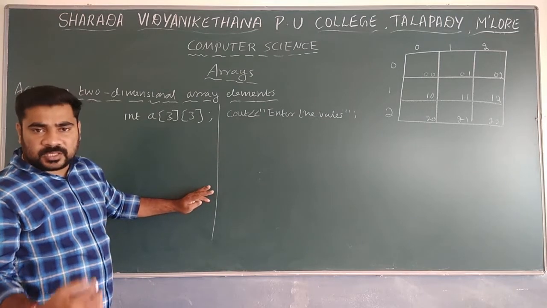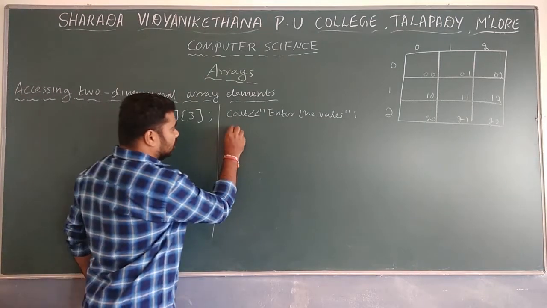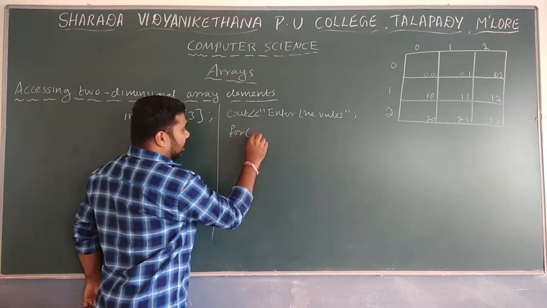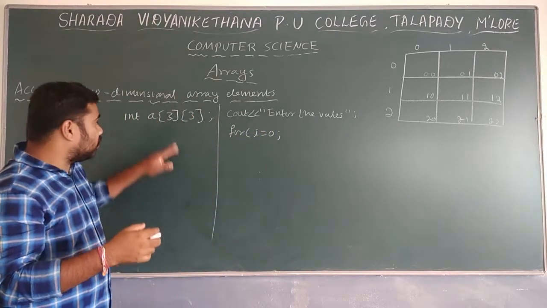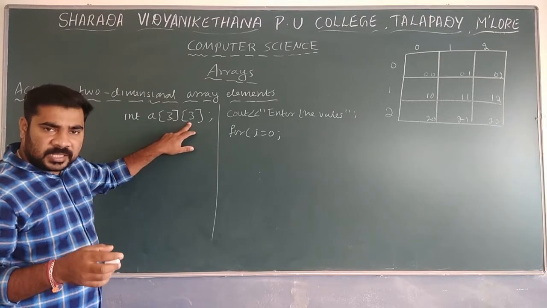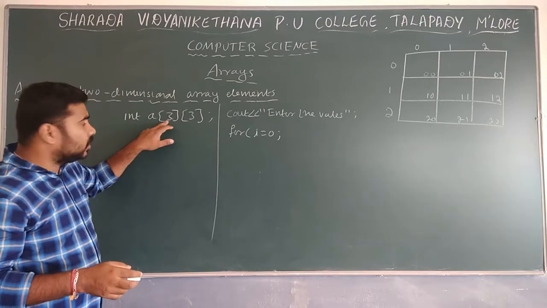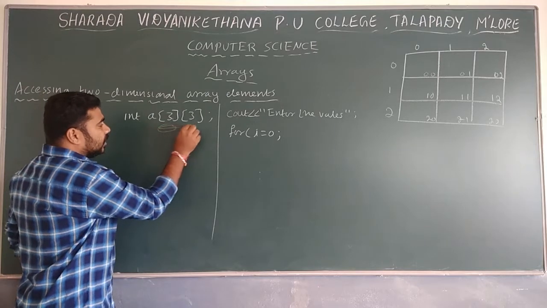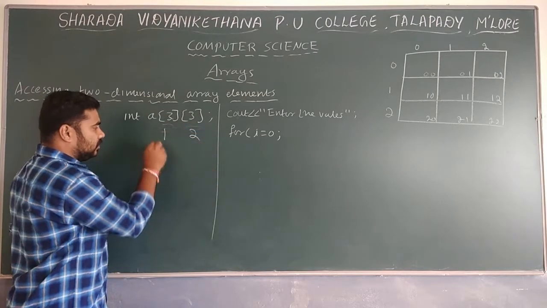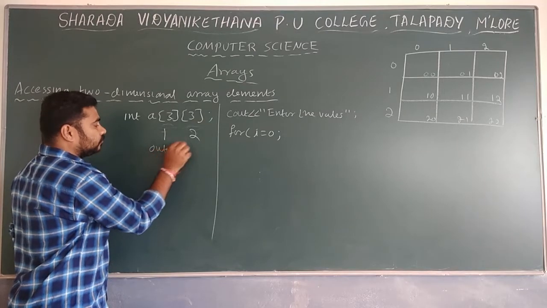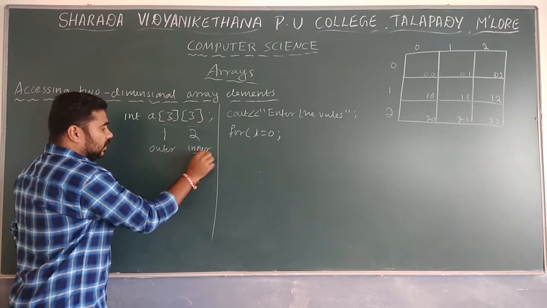Then I have to use two for loops. First for loop, I use for i equal to 0. First for loop is for rows, second for columns. Remember like that always. The first for loop is for this one, the second is for this one. The first is known as the outer for loop, the second one is the inner for loop.